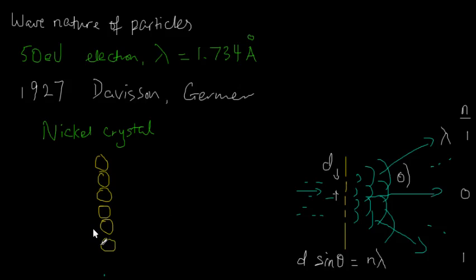Right? Typically, in a metal crystal, the spacing between atoms might be, say, about 3 angstrom, for example. So in a nickel crystal, there would be lots and lots of atoms arranged in a regular array.